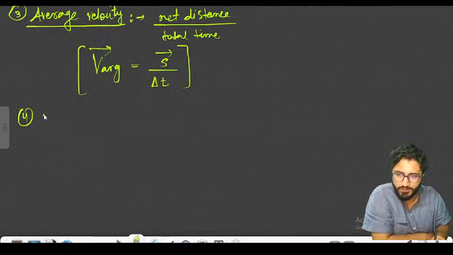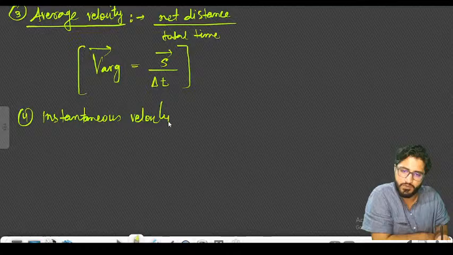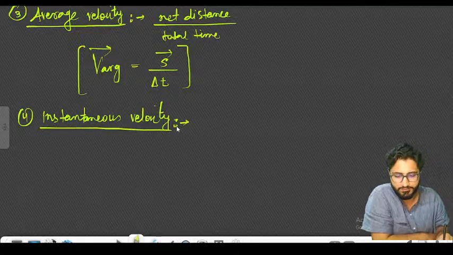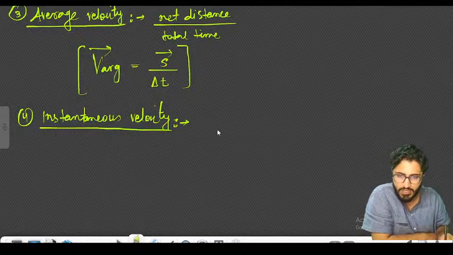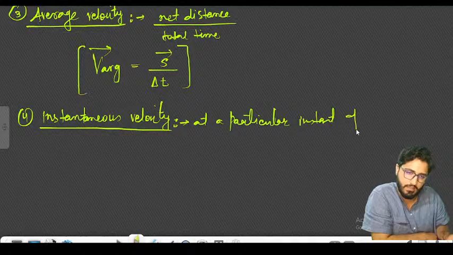Fourth one, instantaneous velocity. What is instantaneous velocity? That means at a particular instant of time.